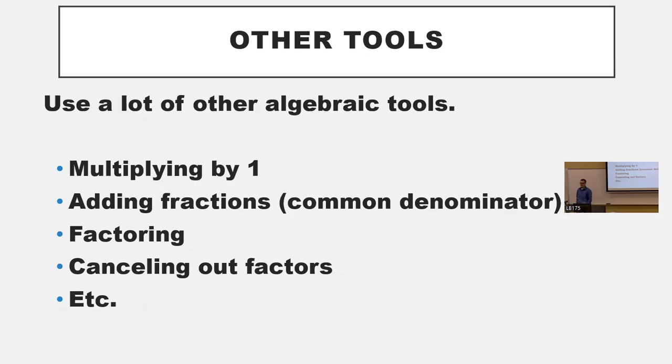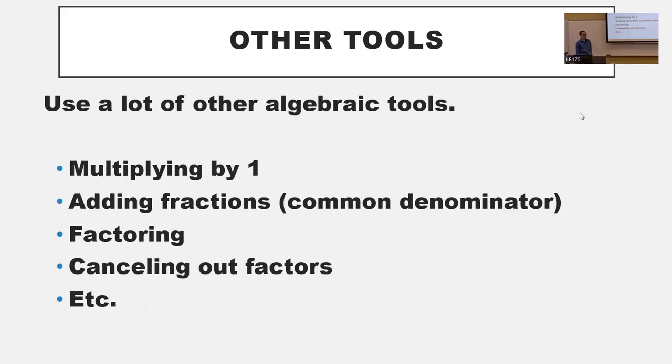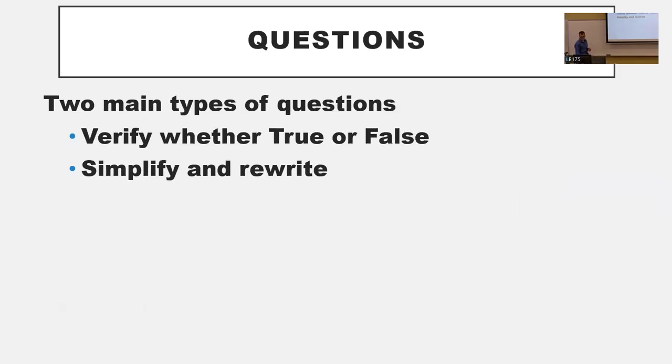I want to understand how to get common denominators. I want to factor and be able to understand factoring and canceling out factors and all that stuff. So all of the other algebraic tools that we know how to do. So if I put in those identities along with a bunch of other algebraic tools, I can rewrite a lot of expressions.